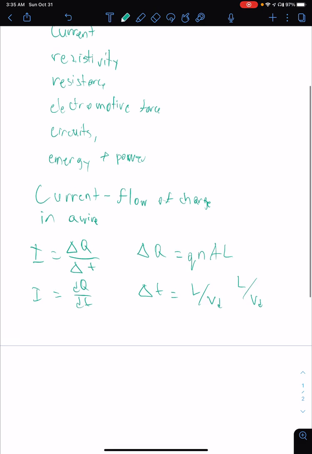And for Q, Q is the charge, which helps give direction. So this is the charge density, this is our area, and this is also our length.